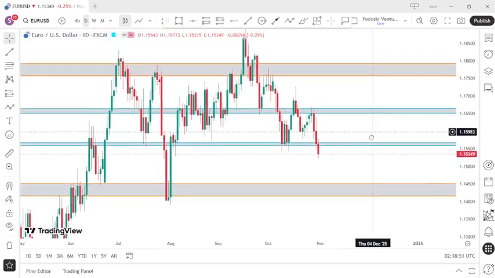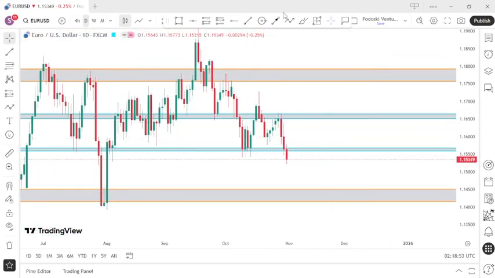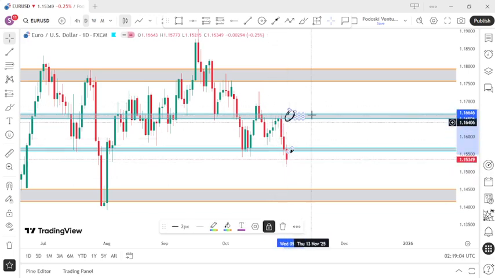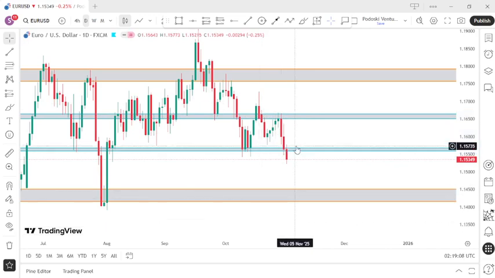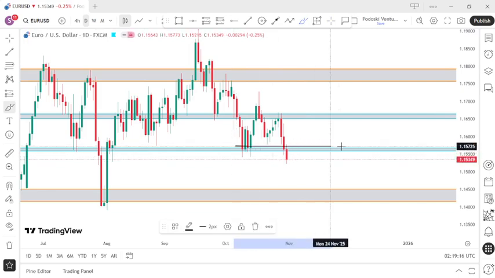All right, this is nice. So on the daily time frame, I have my daily upper zone here and my daily midway zone. You can see there's a very strong demand zone here.